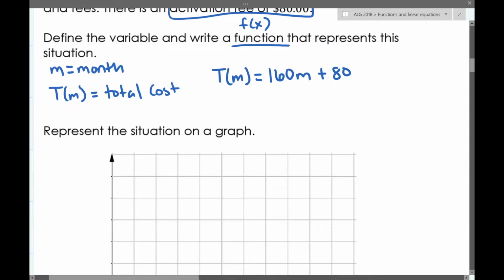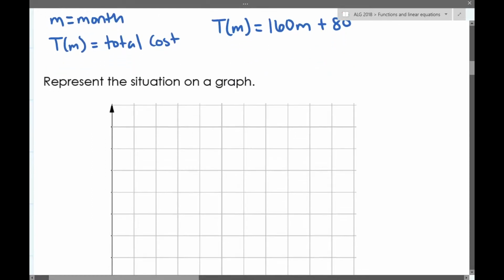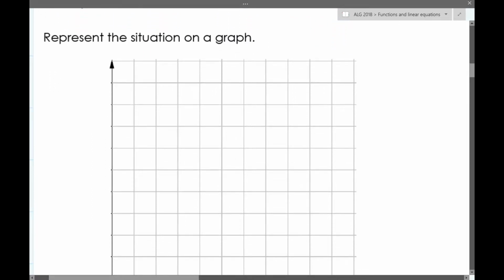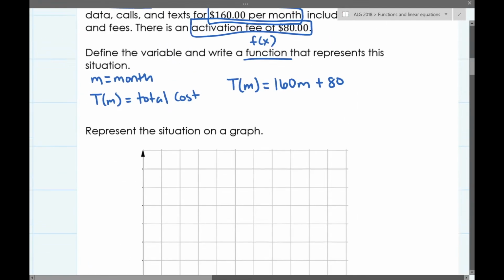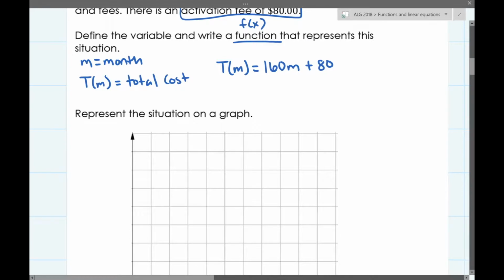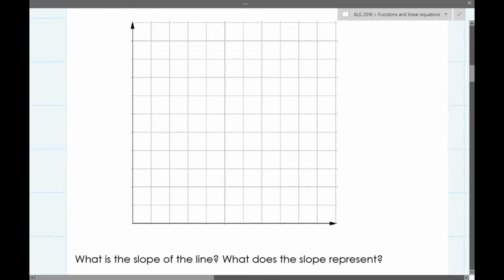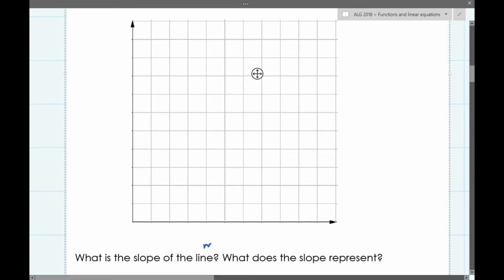So this is the formula, that's my variables, what they stand for, and now let's represent this on a graph. So if I want to represent this on the graph, I just look at my two variables. The first one is going to be month, and the second one would be total cost. So my x-axis is going to be month, my y-axis is going to be total cost.